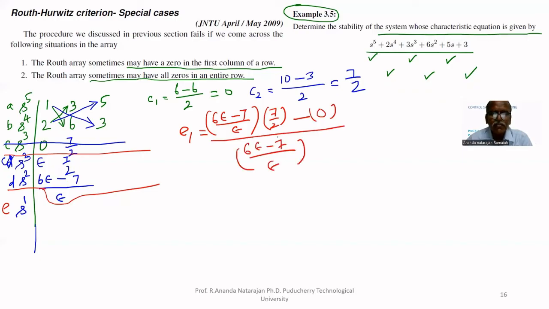You have to divide by this. That is equal to 7 by 2 only. The same 7 by 2 you will get. Then s power 0 is what you will get.